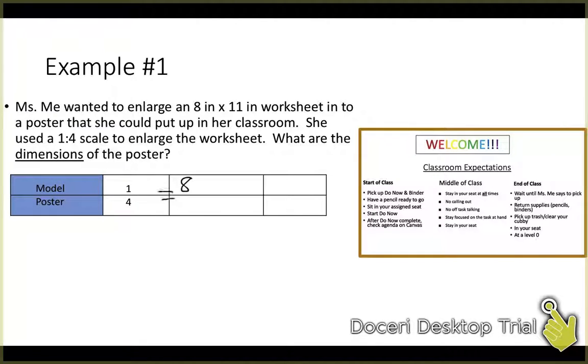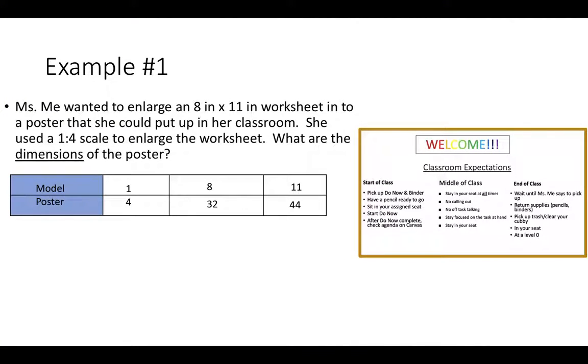So I made a proportion here, 1/4 equals 8 over x, which gave me 32. So I was trying to find this, and I found 32. And then I had to do the same thing. So I did 1/4 is equal to 11 over x, and I found that it was 44. Okay? So I found that the new dimensions were 32 and 44.